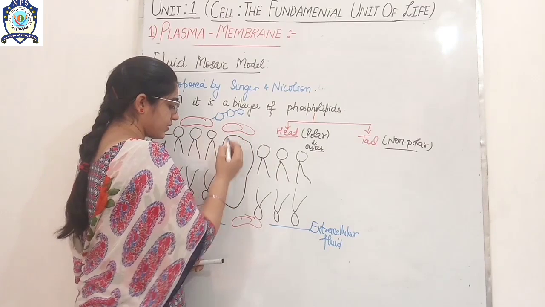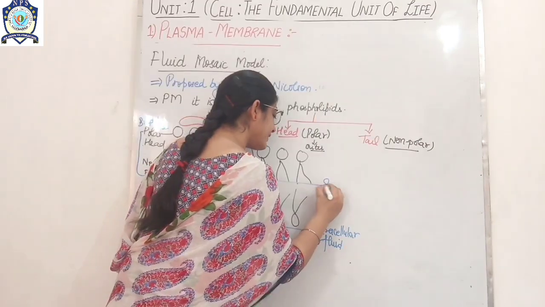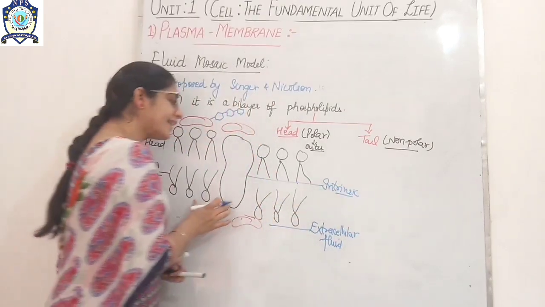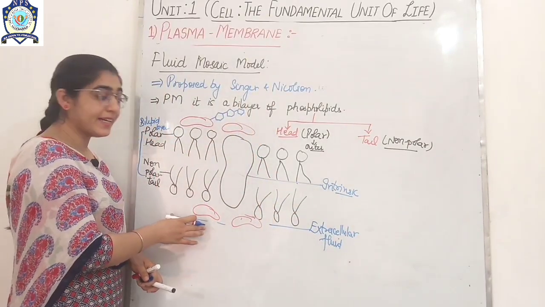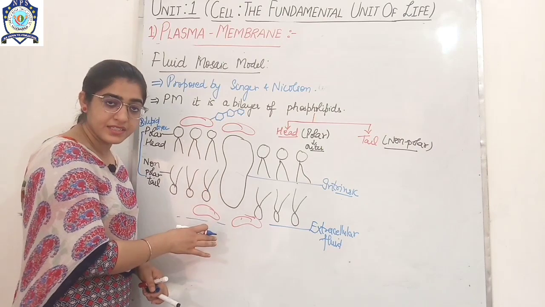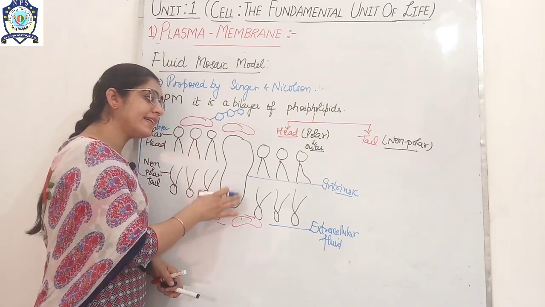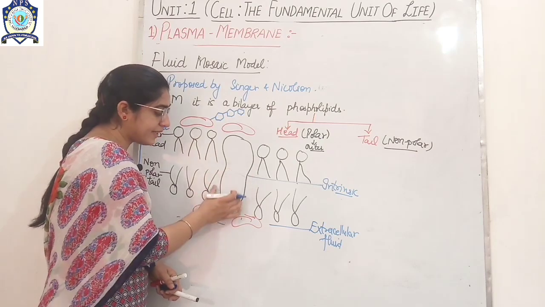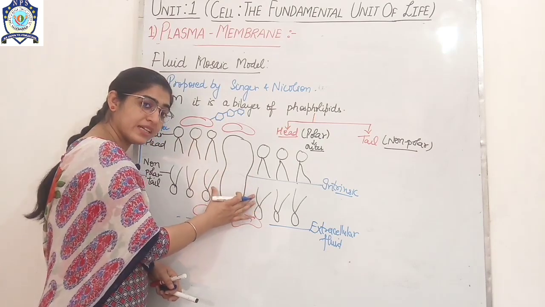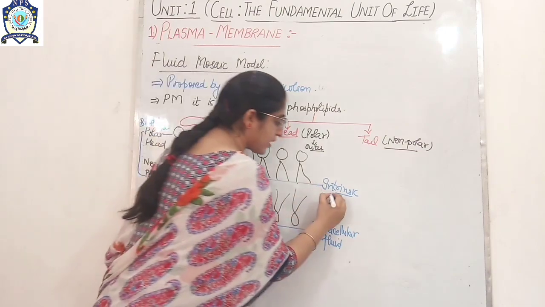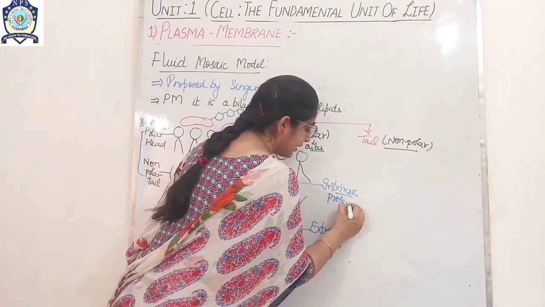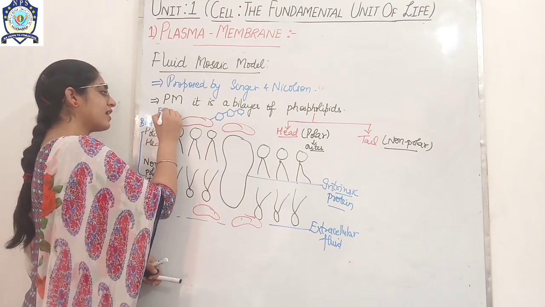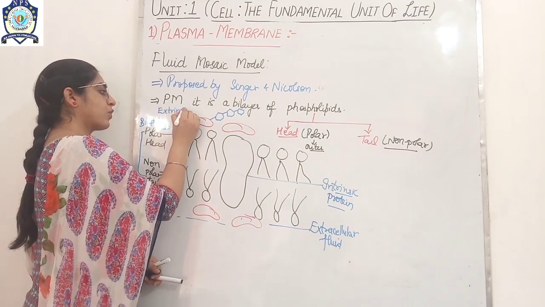Okay, and this is the intrinsic protein. Intrinsic proteins क्या होती हैं? Intrinsic proteins are the proteins which are embedded in the bilipid layer. तो ये देखो यहाँ embedded in between the two layers it is present, so that's why it is called the intrinsic protein, and this one is known as the extrinsic protein.